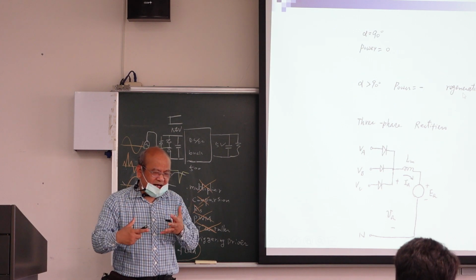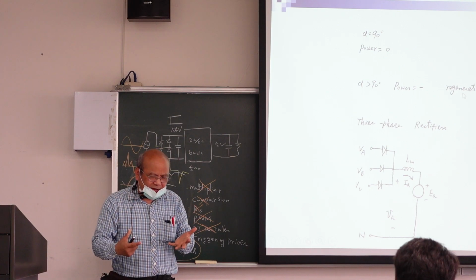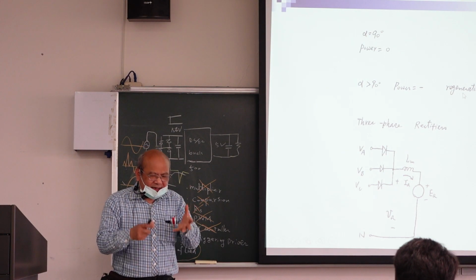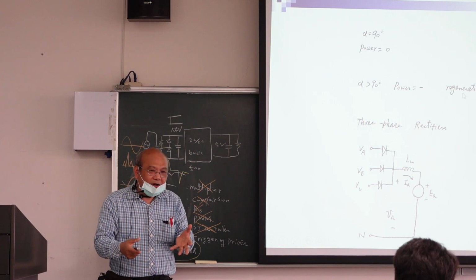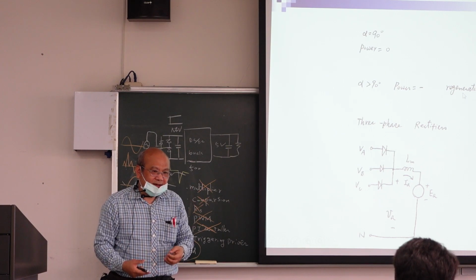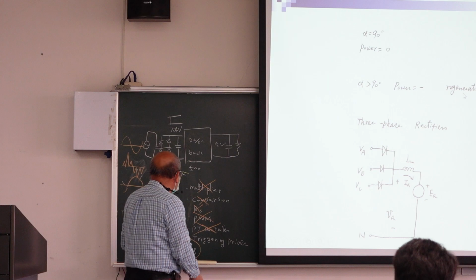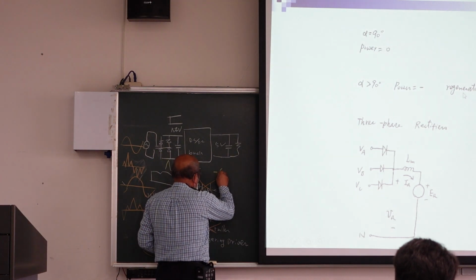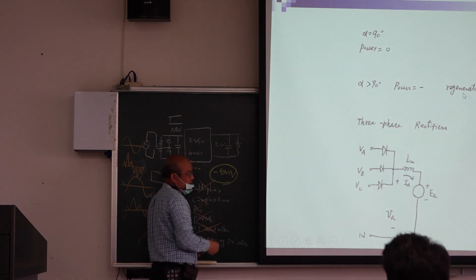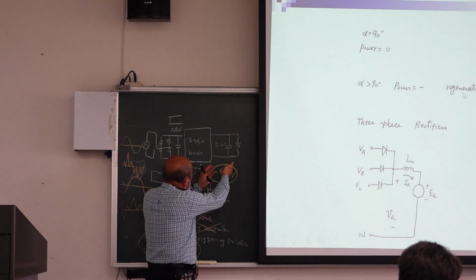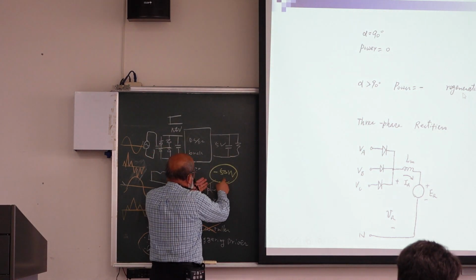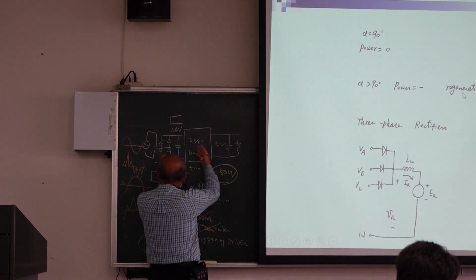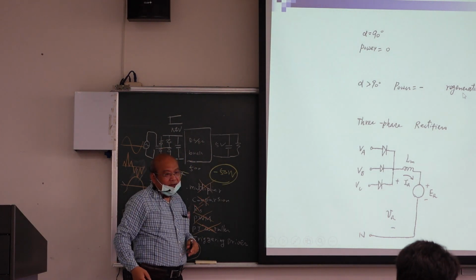If you control the alpha more than 90 degrees, then your load can receive negative power. What does this mean? Your load receives minus 550 watts. What does this mean? Means your load supplies 550 watts into the power system.